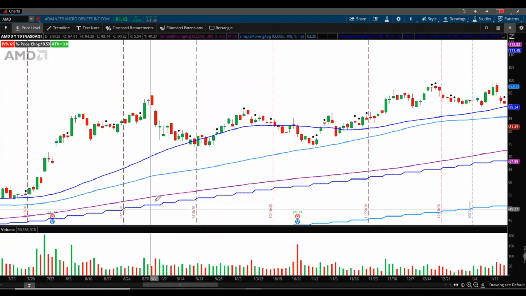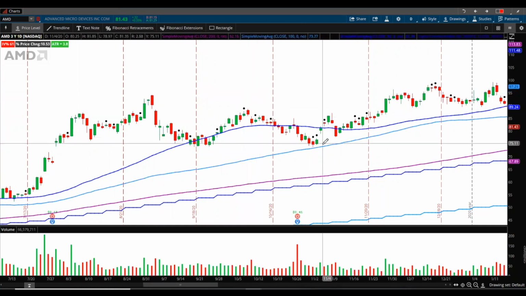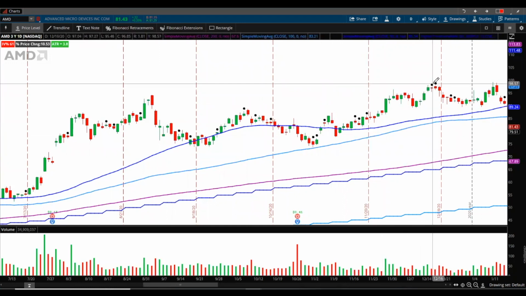If we look at this chart of AMD, we can clearly see that AMD made a nice bullish move here, pulled back some, made a new high, pulled back. Now, it kind of made a double bottom here, attempted to come back, failed. It didn't get back up to the high. Here, it definitely made a double bottom, found support, and then eventually made a new high right here.